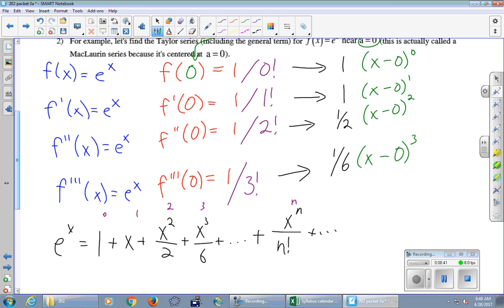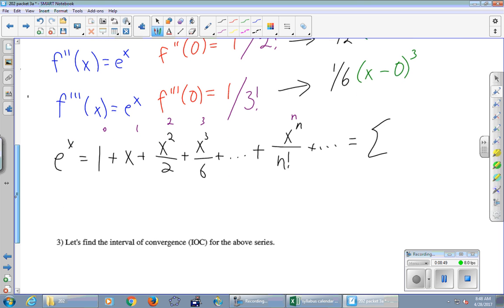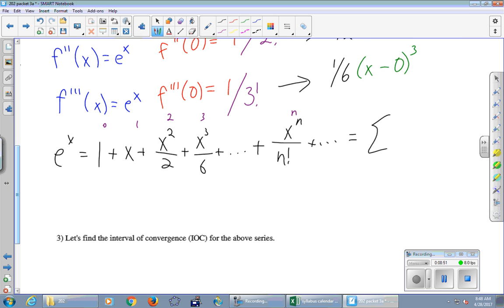And so then if we want to write this thing in compact sigma notation, let's do it. So we've got our general term there, x to the n over n factorial. N equals, what's the 0 is n, right? So the sum from n equals 0 all the way up to infinity.